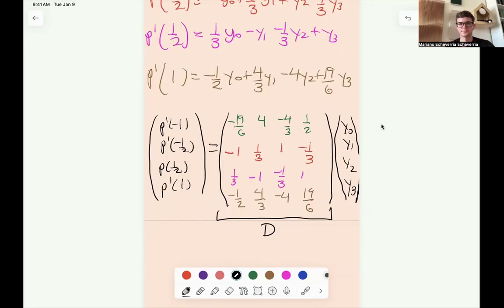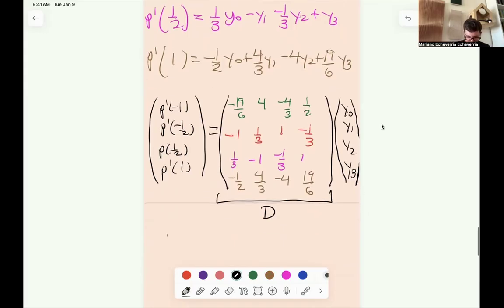Is that okay? Is that making sense? Which again, I said you could write it in this notation as y prime equals D times y, in matrix notation.